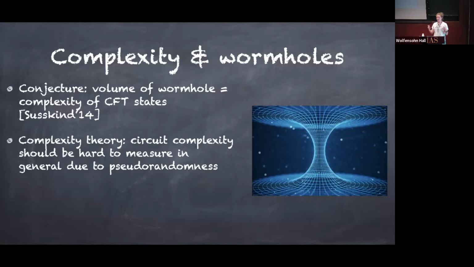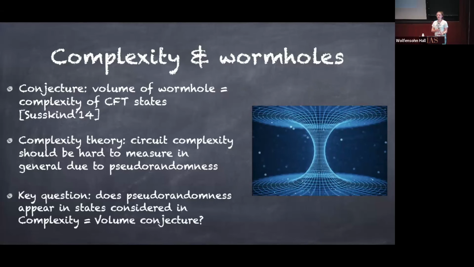For the purposes of this slide, pseudorandomness is relevant because the existence of pseudorandom states demonstrates that there are states that can be prepared efficiently, but that cannot be efficiently distinguished from truly random states. And truly random states can't be prepared efficiently. So that tells us that we have classes of states where there is no way to tell how complex they are, how many operations it takes to generate them.